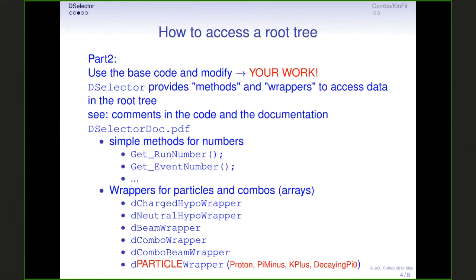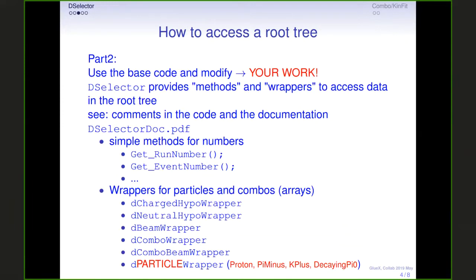As I mentioned earlier, in deselector.doc.pdf, I tried to start compiling a description of how to use the code, what's in there, and the best way, describing some of the methods and the wrappers. For example, your deselector underscore your name inherits methods, and one method is get run number or get event number, and with that you automatically get the numbers for each event.